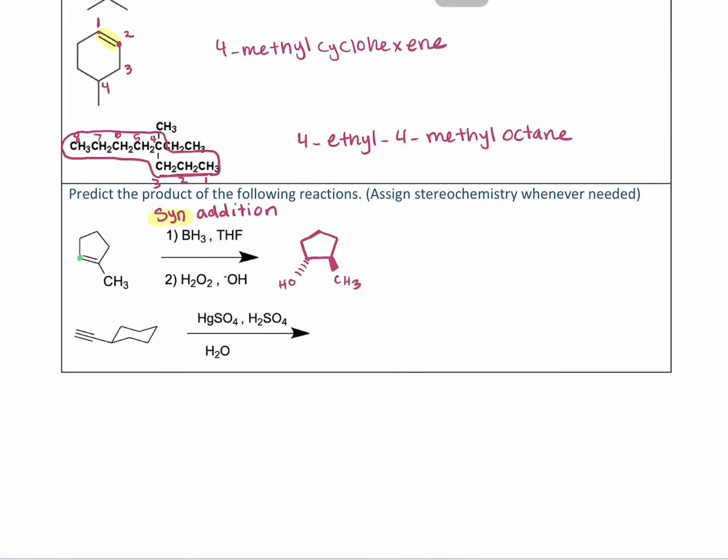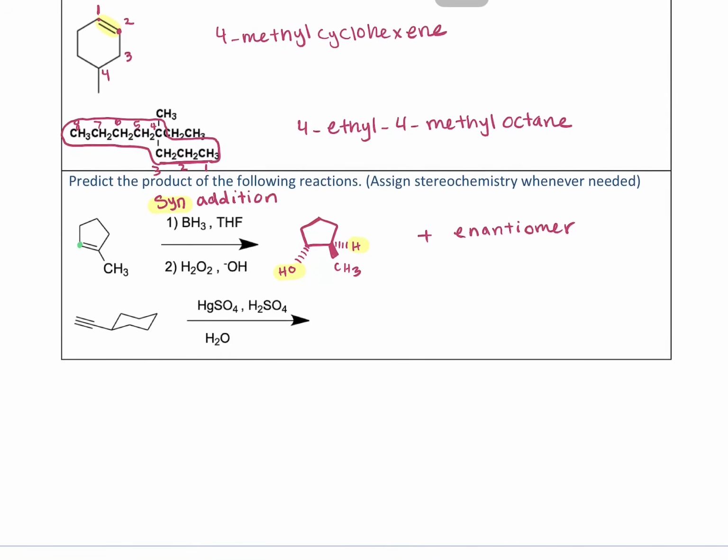It means that the H and the OH group add in a syn fashion to this double bond, and as you can see, the H here is to the back, so both of them are on the same side, which means they added in a syn fashion. And don't forget to add plus an enantiomer. You can either draw it or just add the word enantiomer.